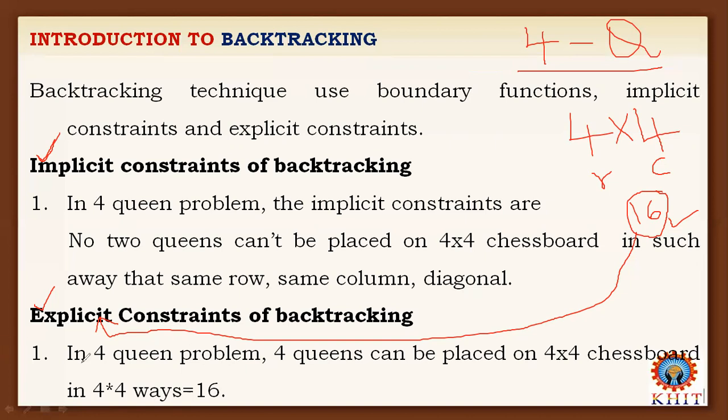No 2 queens can be placed on the 4 by 4 chessboard in such a way that they are in the same row, same column, or same diagonal. So you should not arrange the queens in such a way that any 2 queens are on the same row, same column, or diagonal.